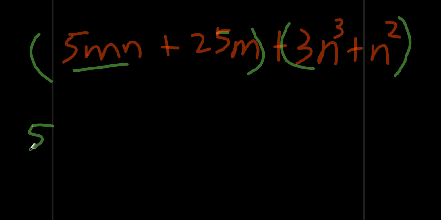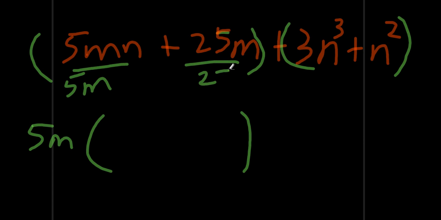Now when we look at the variables that they share in common, they share just m, so we pull m outside. After finding the highest common factor, we create this bracket, because we're going to put the answer in the bracket. We take the highest common factor and divide it into each term in the bracket.